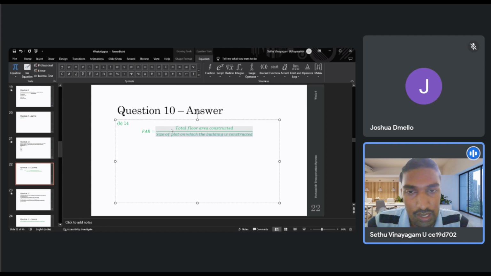So this is the floor area ratio, the total floor area that is constructed over the size of the plot on which the building is constructed, right?